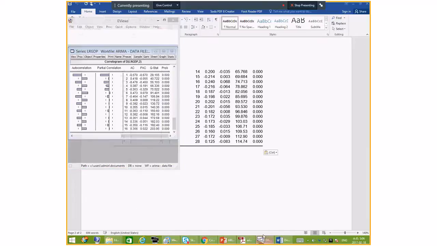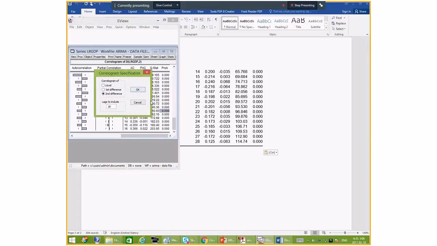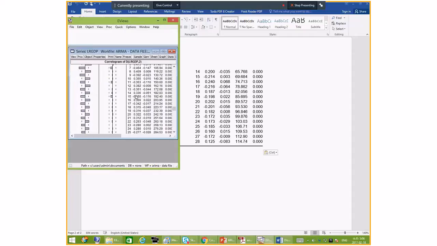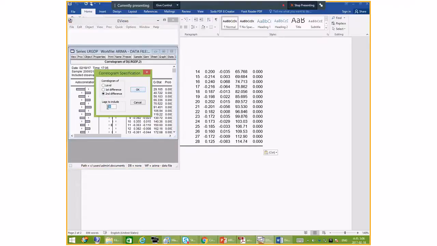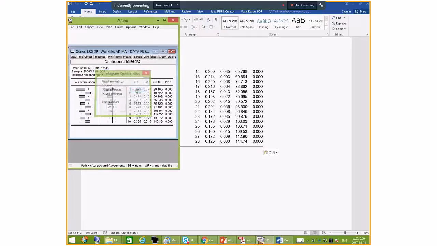But here in EViews, to go for the next differences, there are no options. Shall we include more lags? What to do about this? The series are non-stationary, but this is the problem.